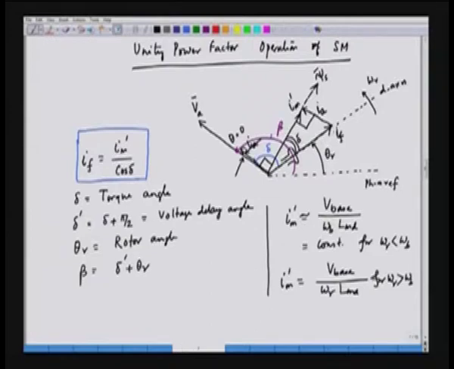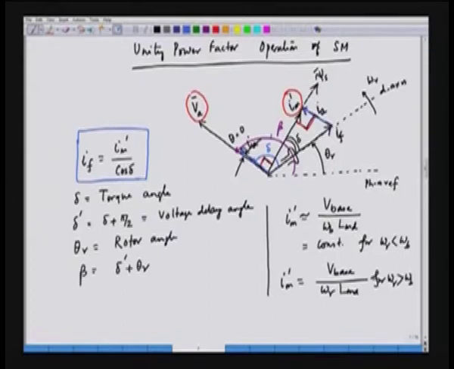In this case, this is the magnetization current Im, and the magnetization current and the armature voltage Va are perpendicular to each other. This angle is 90 degrees. Since this angle is 90, Ia, which also makes 90 degrees with Im, is parallel to Va.